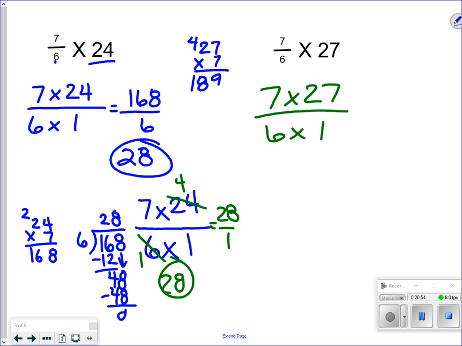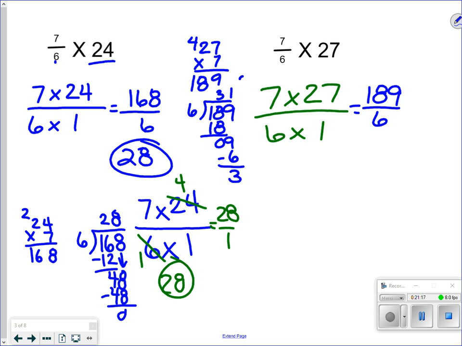14, 8, 189. Over 6. 6 into 18, 3. 6 into 9, 1.